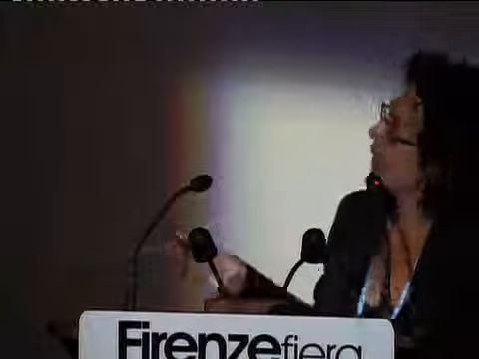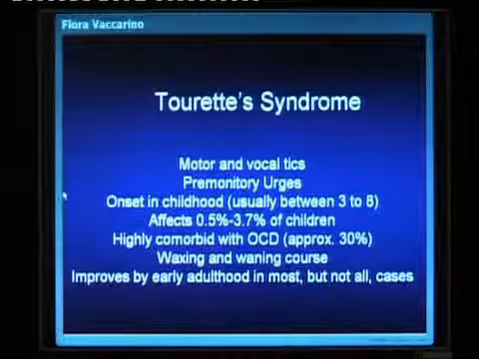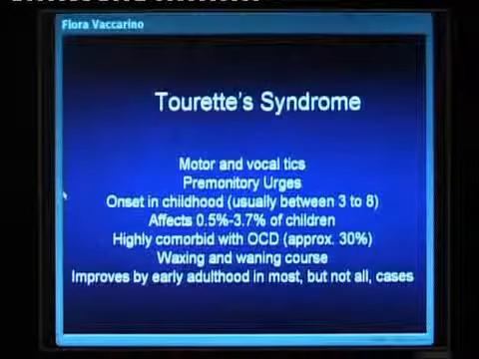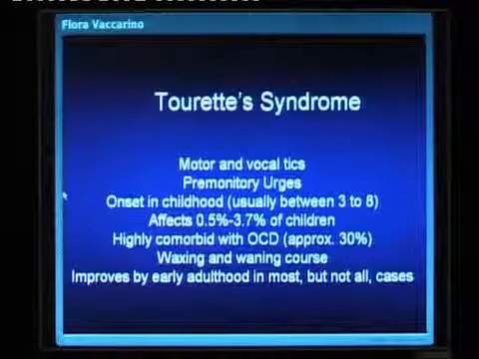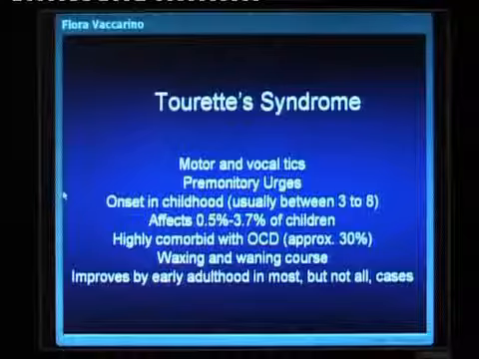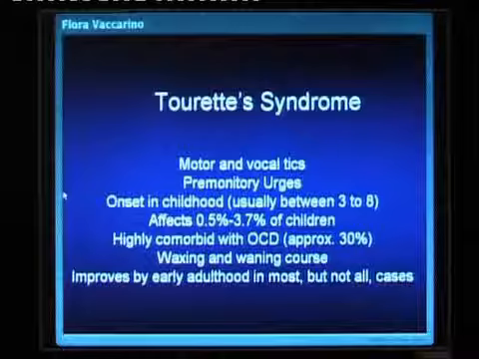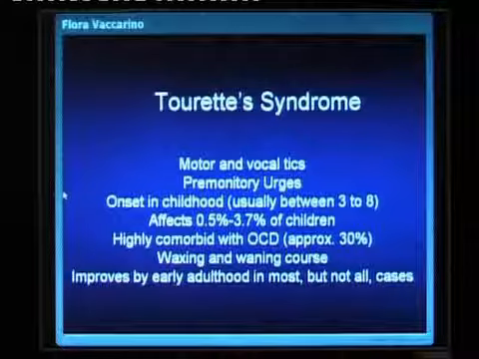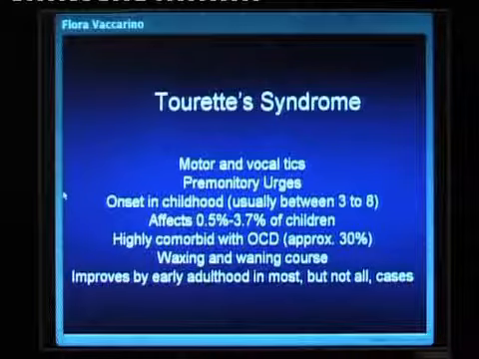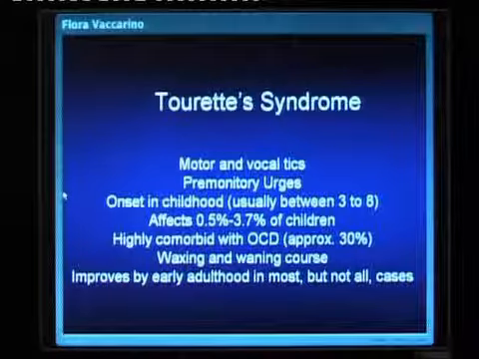Okay. So Tourette's syndrome, just a few slides on Tourette's and the clinical phenotypes. As you know, Tourette's involves both motor and vocal tics, premonitory urges, we'll talk about that in a second, has its onset in childhood, usually between age of 3 to 8, and it affects actually quite a large number of children, between 0.5 and 3.7% of children have a disorder of the Tourette's spectrum.